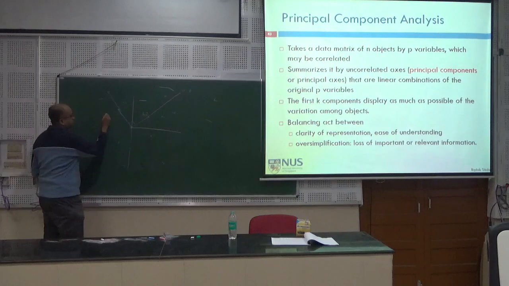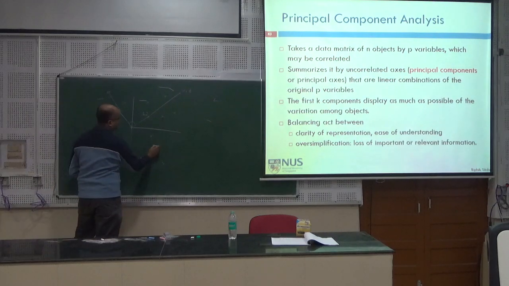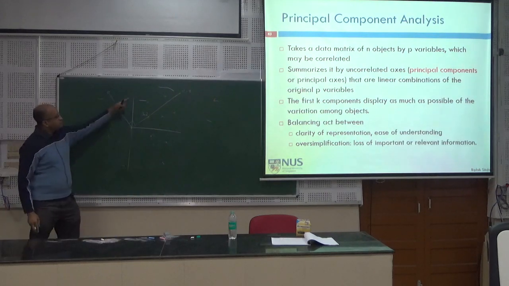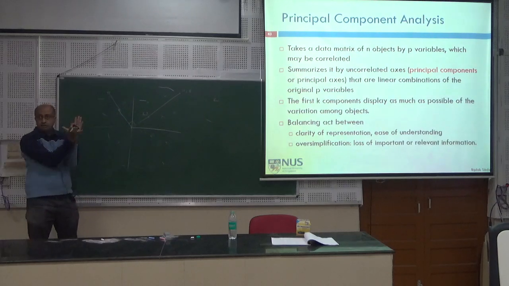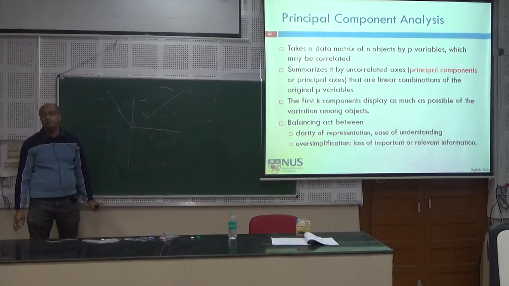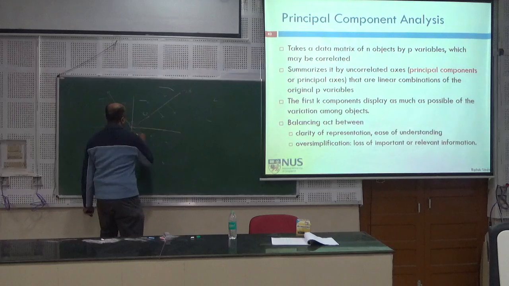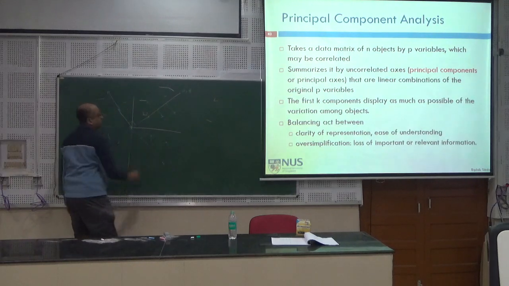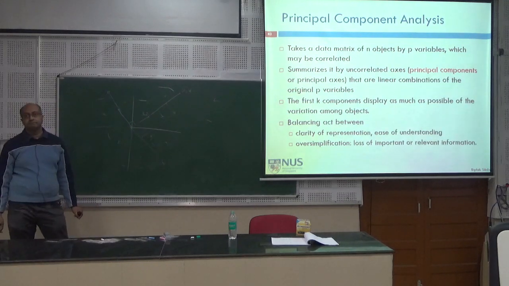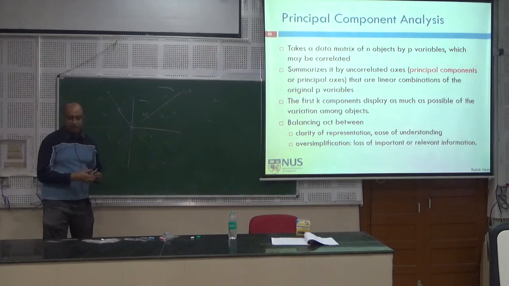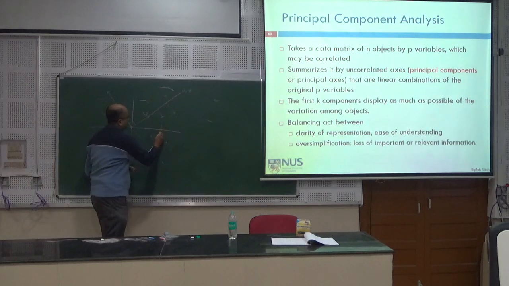Let's say I have both positive and negative data. And this was my original axis, the usual x and y. Essentially what I'm trying to do is find projections along new axes. Earlier, what was the value for this particular data point?